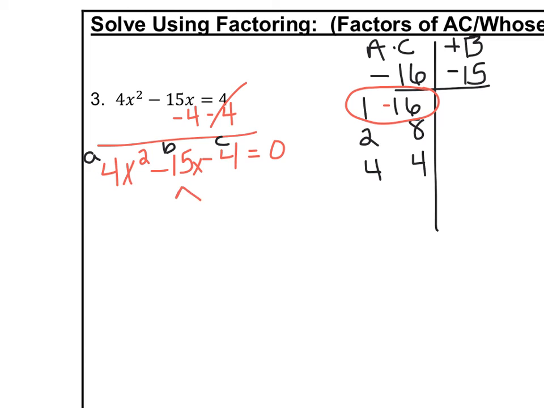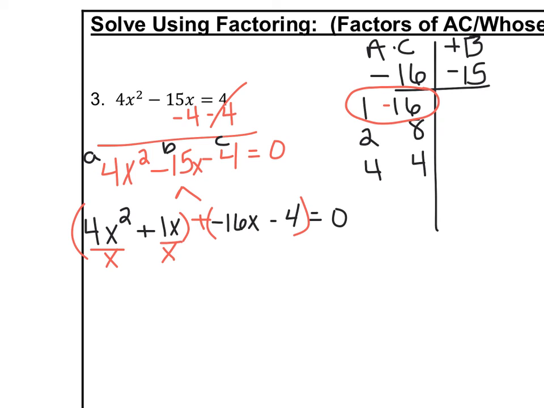These are going to go in place of B. We're going to group the first 2 in parentheses, the second 2 in parentheses, and don't forget we are adding these binomials together. In the first parentheses, the greatest common factor of 4 and 1 is just a 1. But I have x squared and x.